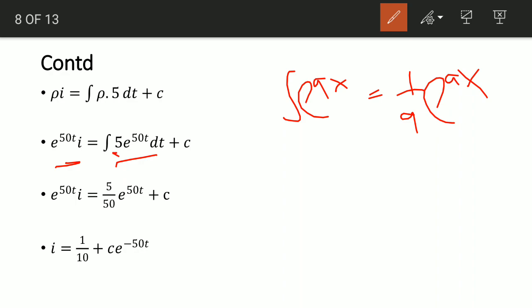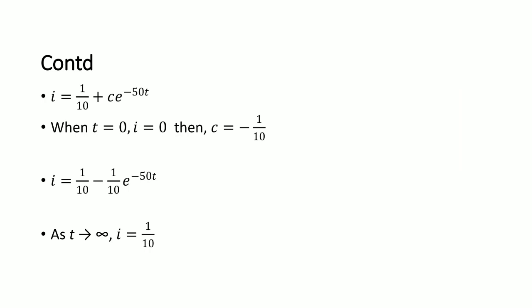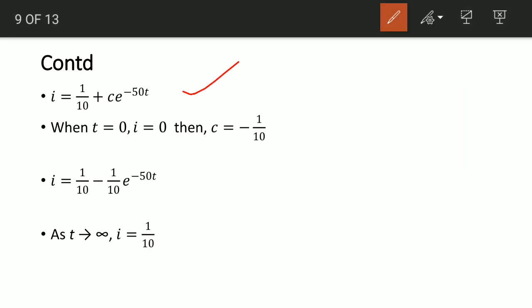Since we have 5 here, it is 5 over 50 exponential 50t, plus c. At this point, we can divide through by exponential 50t. If we do that, we get I equal to 1/10 plus c exponential minus 50t, which is exactly what we have here.